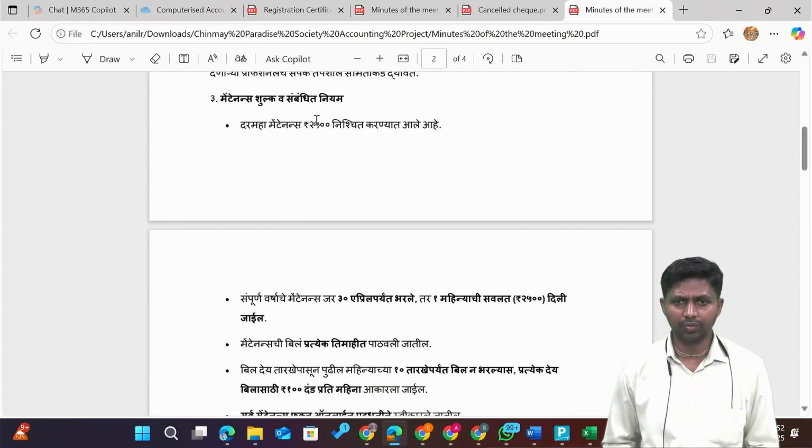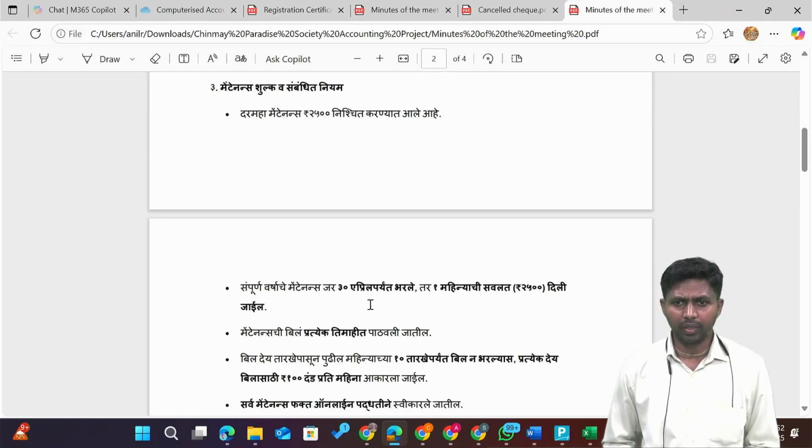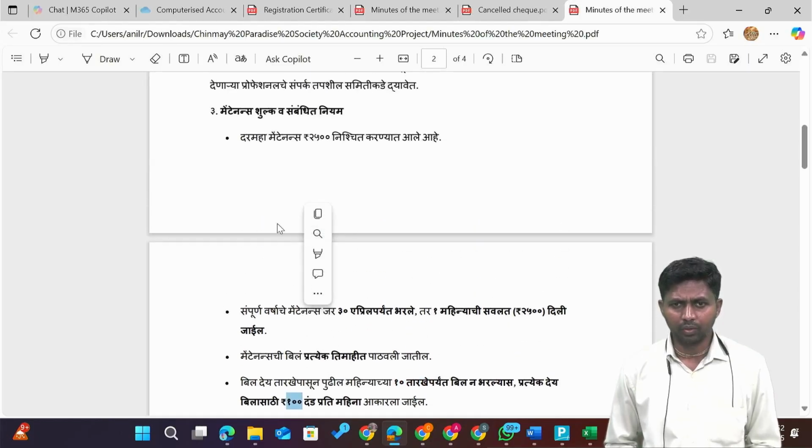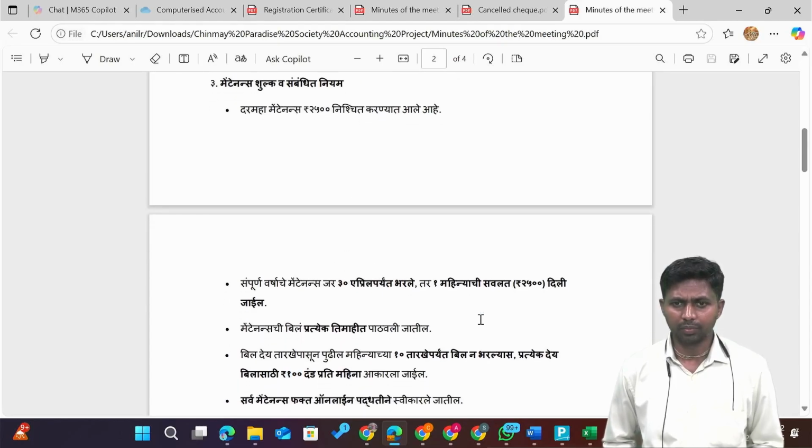Maintenance amount is 2,500. We have to pay maintenance within 10 days. If you do not pay, 100 rupees penalty. You can read all these provisions in detail. Now, if you pay the full year's maintenance before 30th April, then you get 1 month discount. That means only 11 months of maintenance is required for the year.